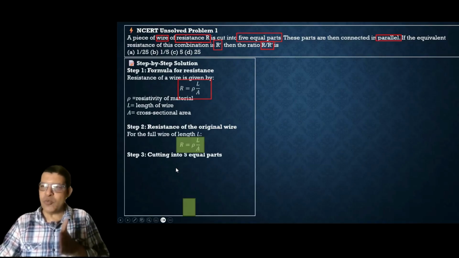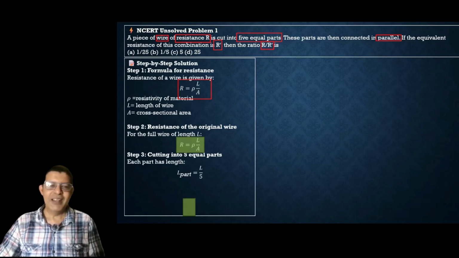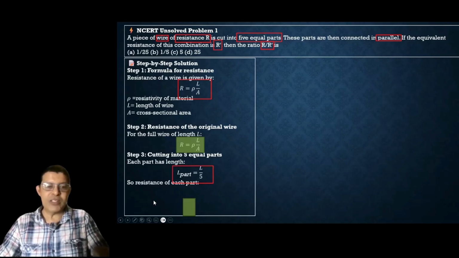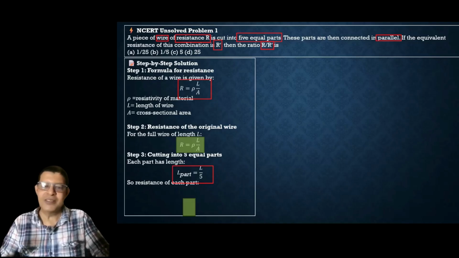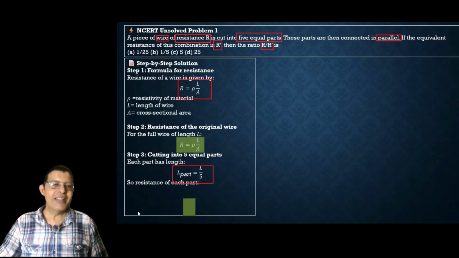Now after cutting it into 5 parts, what will happen to the length? The length will become L by 5. As you see here, the length has become L by 5. Next, what is the resistance of this cut part? In the original formula, the length will be replaced by L by 5.